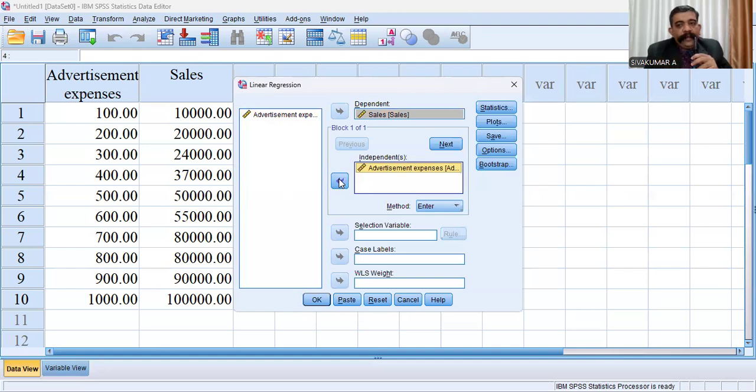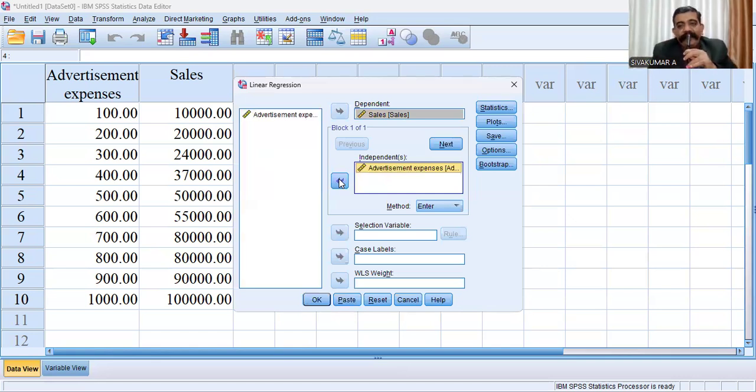Then there are many submenus. Those submenus are important for testing the assumptions. As in correlation analysis, there are certain assumptions in regression analysis also. You do not carry out correlation analysis unless the assumptions are satisfied.